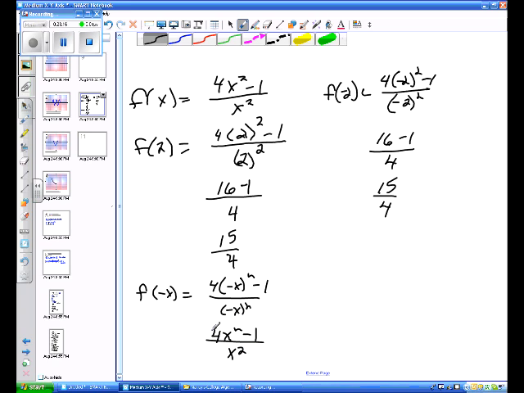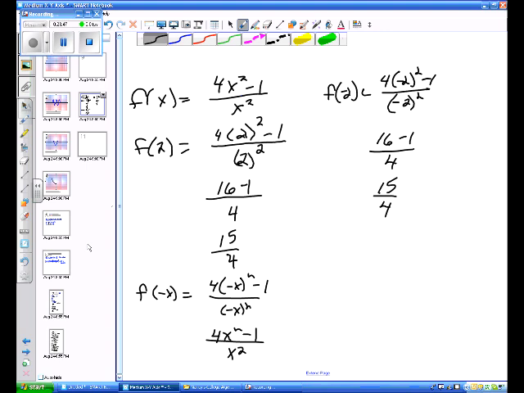We ended up with the same function that we started with when we put in negative x. And if you notice up here, what that meant was for f of 2, we got the same answer as f of negative 2. We'll also find f of 1 will be the same answer as f of negative 1. That when the sign changes, you're still going to get the same answer.